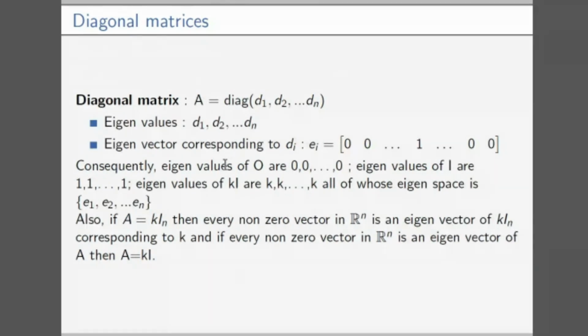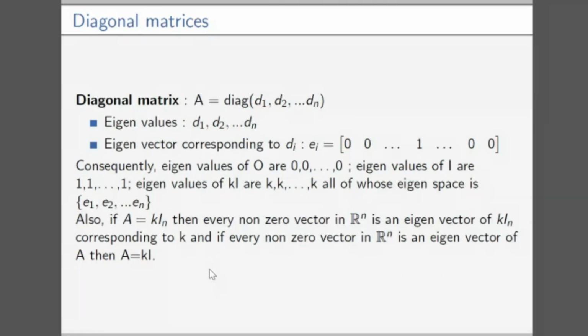And for all these matrices, that is the identity matrix and scalar matrix, the eigenspace has basis e1, e2, etc., en, where I have already defined ei, that is 1, 0, 0, then 0, 1, 0, 0, and so on. And we have one important point which we'll be using in questions: every non-zero vector in Rn is an eigenvector of a matrix A if and only if it is a scalar matrix.